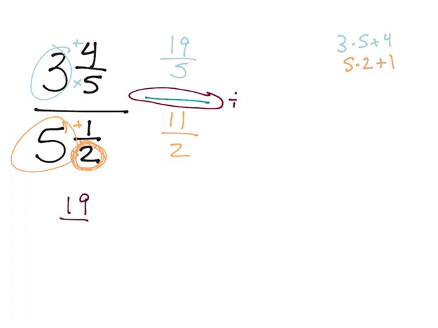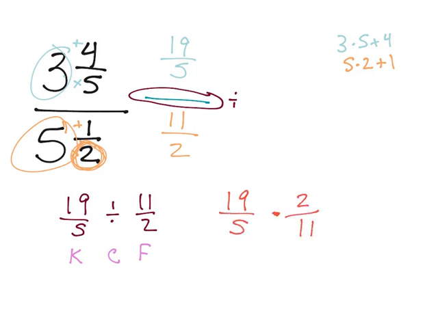So I have 19/5 divided by 11/2. Dividing fractions means I'm going to keep, change, flip, or multiply by the reciprocal. So 19/5 times 2/11.